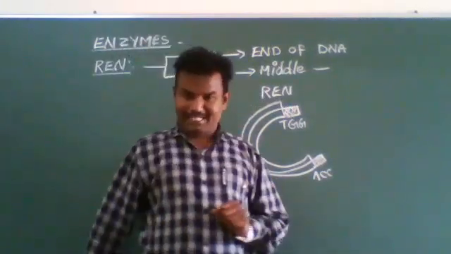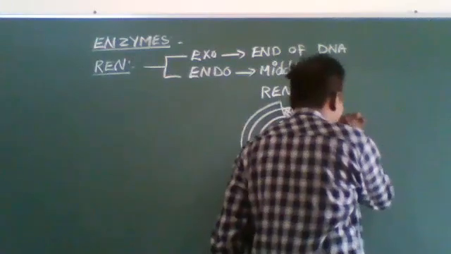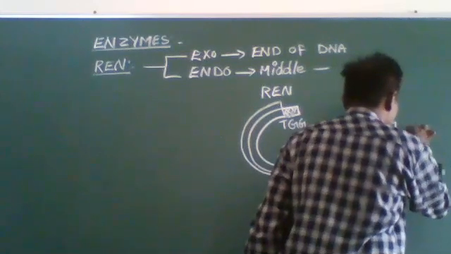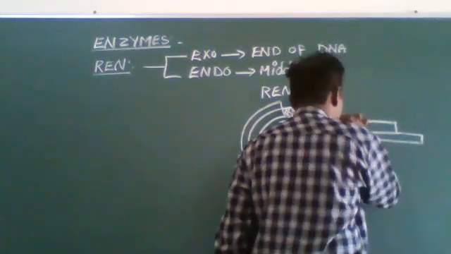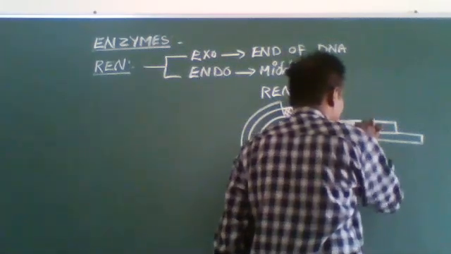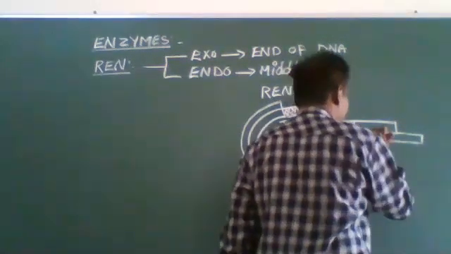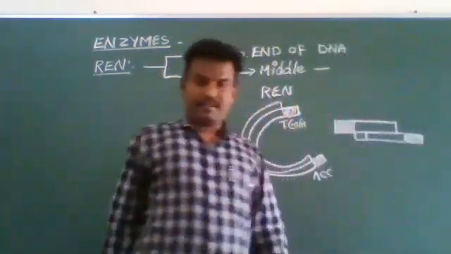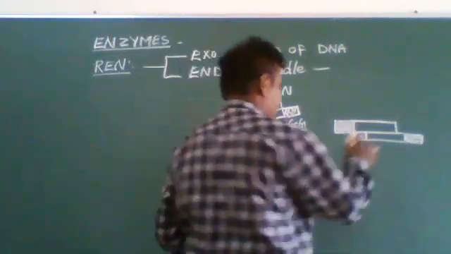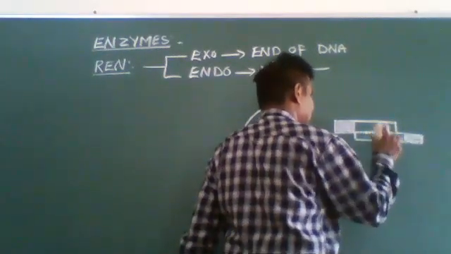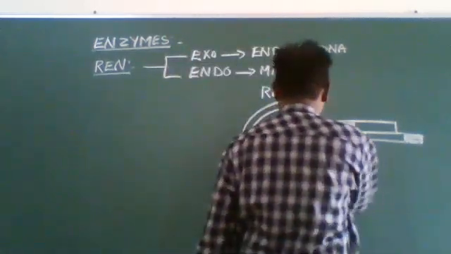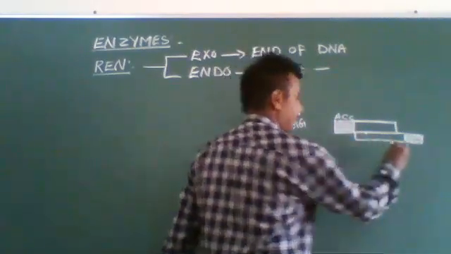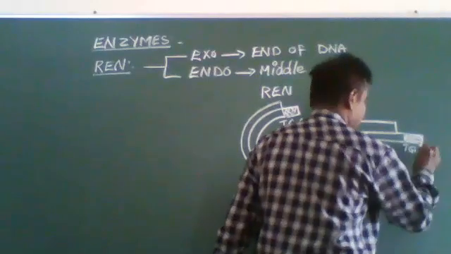This is the plasmid DNA vector. Next, foreign DNA, which can also be cut.